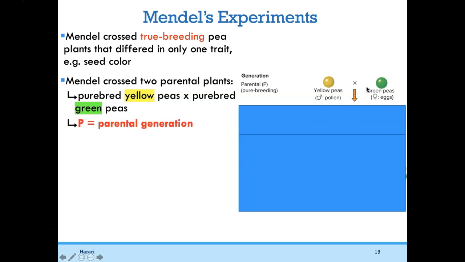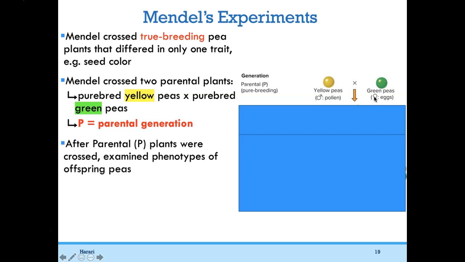Right? And the P is the parental generation. We always say that the parental generation is the P generation. Not to be confused with peas and P, that's a coincidence. So Mendel's P generation is yellow peas, the male part, and green peas, the female part. After they were crossed, he examined the phenotypes of the offspring peas.